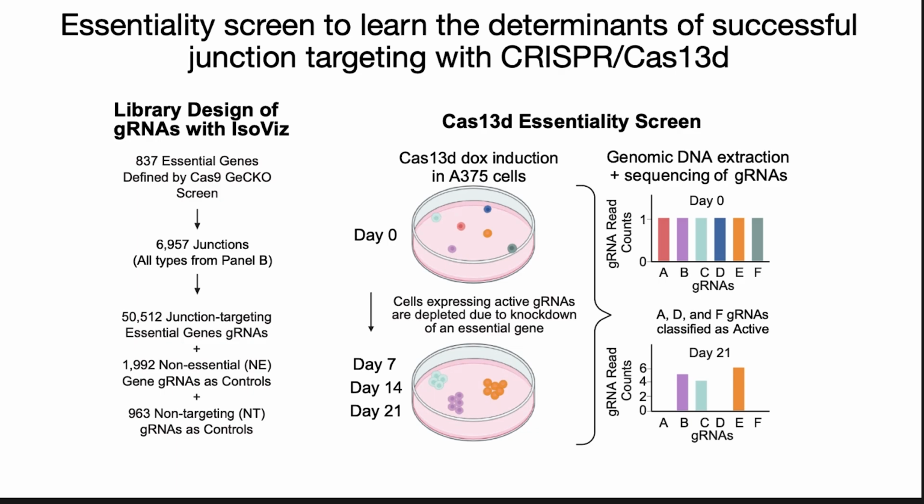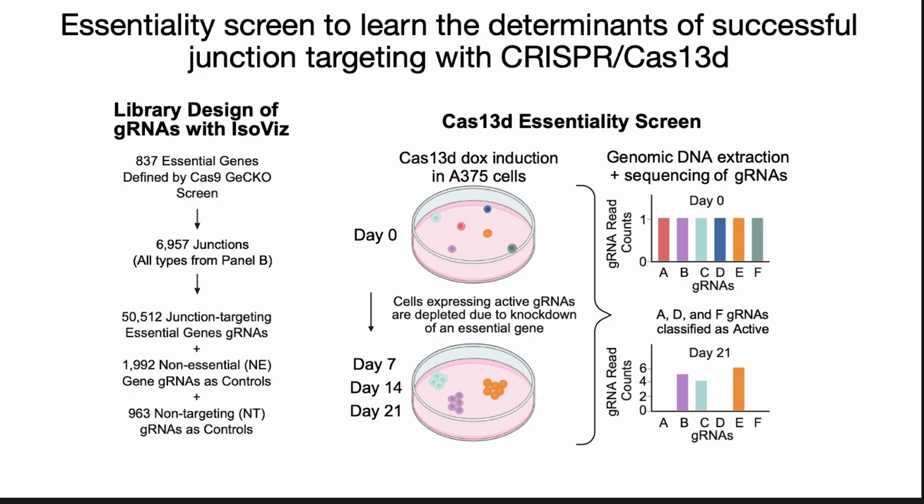The way these essentiality screens work is you're aiming to have just one CRISPR guide integrated into each cell. And the idea then is as you passage, so basically grow these cells in culture, if you have a CRISPR guide which is effectively knocking down one of these essential genes, that will either kill or prevent the growth of that cell.